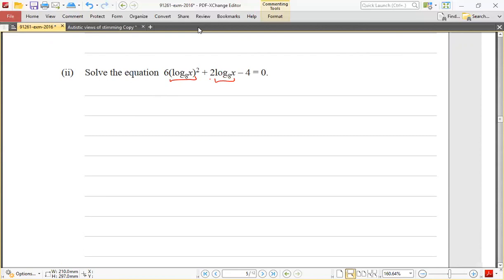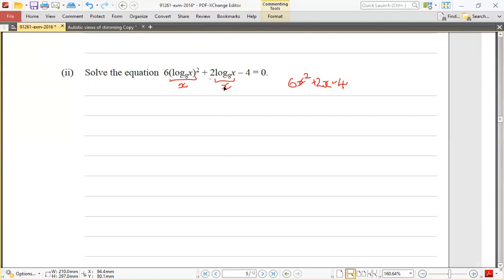Yes. So if it's quadratic, what's different about this quadratic? It's got logs in it. Normally here you'd have an x, wouldn't you? Normally it would be 6x squared plus 2x minus 4, but instead of x's, we've got these things, log to the power of 8x.